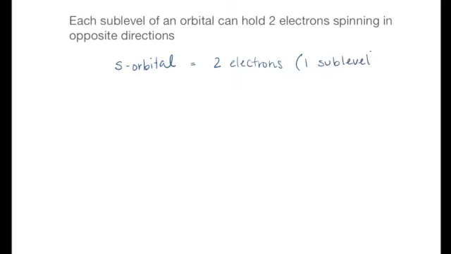We'll get into how to set up the different sublevels once we get more into electron configuration. The next one, the p orbital, can hold 6 electrons. Because each sublevel can only hold 2 electrons, this has 3 sublevels.